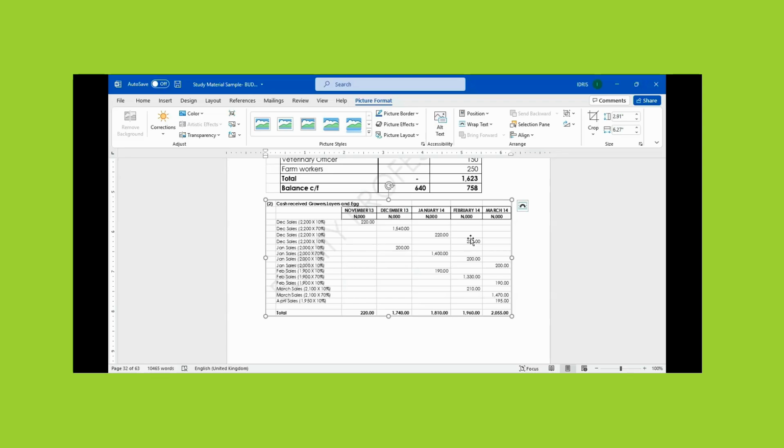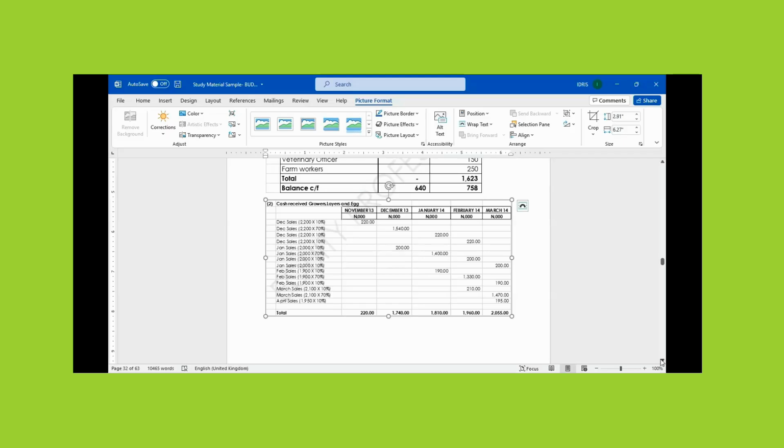So we go to January sales. January sales is 2 million. 10% of January sales will be received in which month?